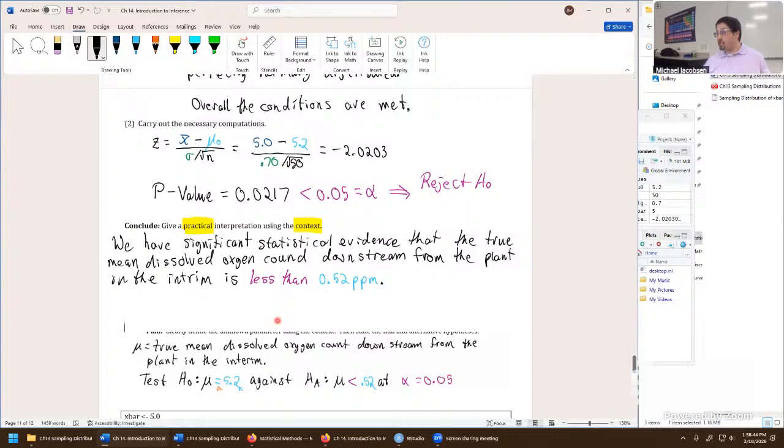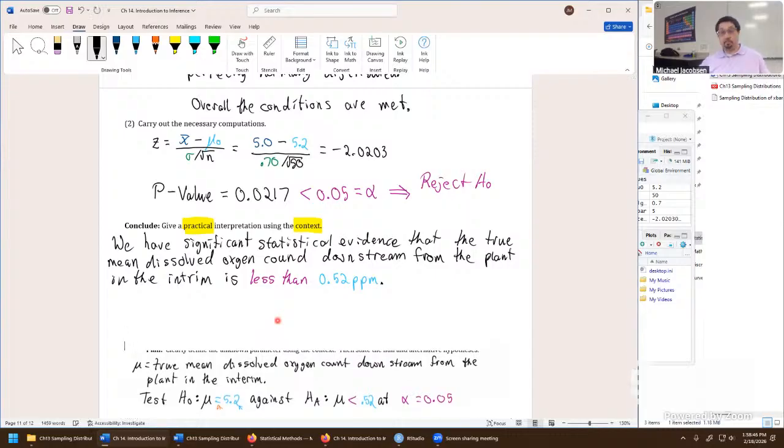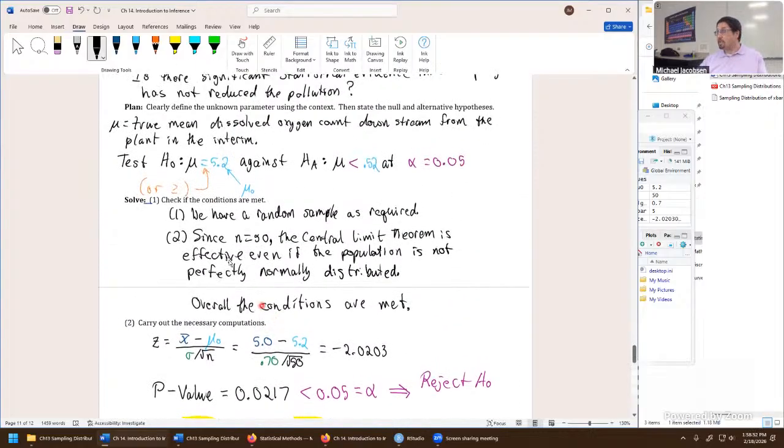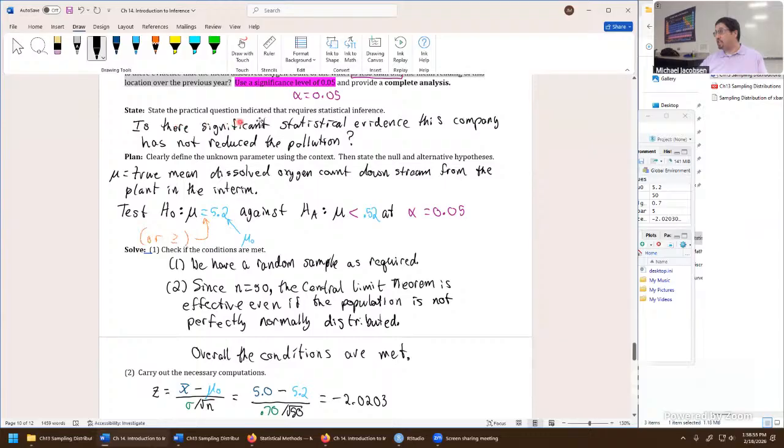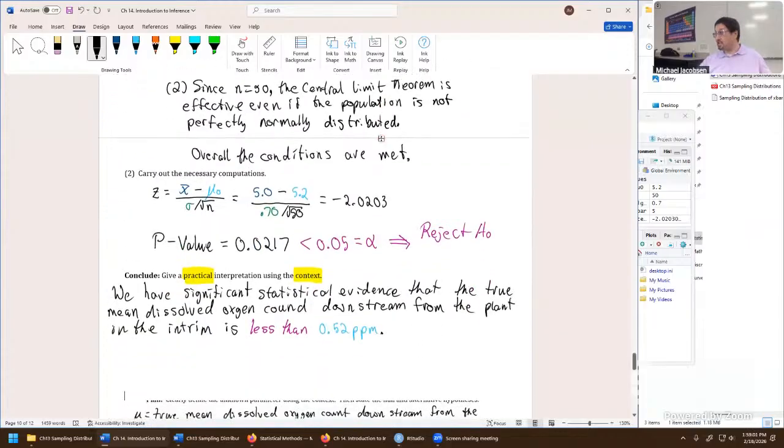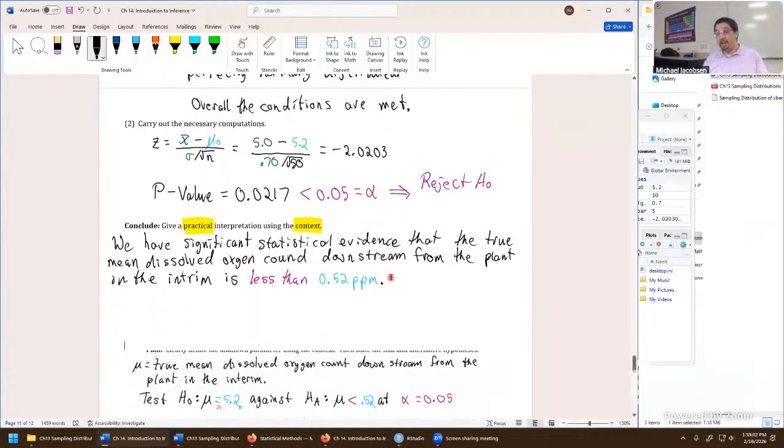But another thing we should say before we finalize this entire problem is come back to the practical question that we indicated in the state phase. We wrote, is there significant statistical evidence this company has not reduced the pollution? That was a major thing we want to address. And once we have this statement down, we can now say, yes, low oxygen count is our way of showing they're still polluting the river at a pretty disastrous level or rate.